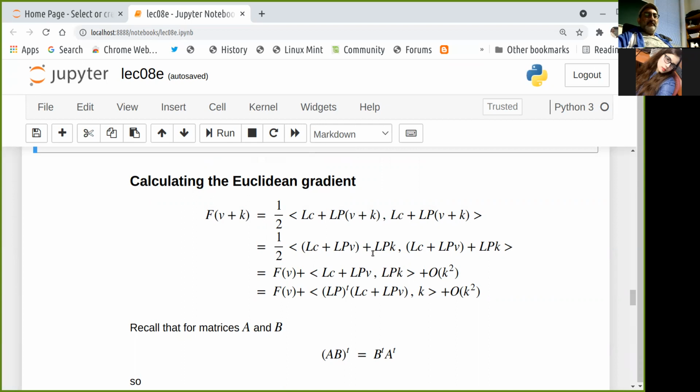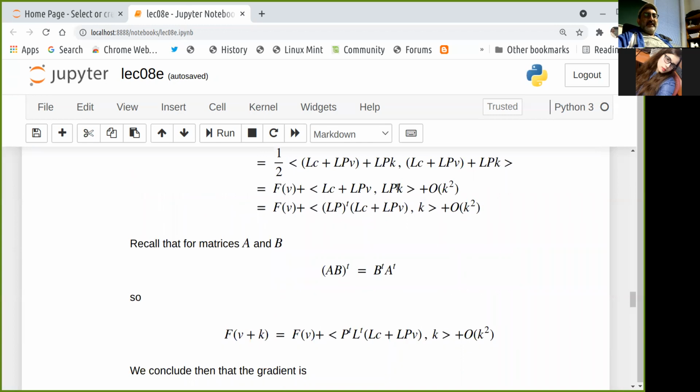And remember, when you move a matrix over to the other side, now you want the adjoint. And in terms of matrices, the adjoints are transposes. So when I move the LP, which is next to the k, over to the left-hand side, you have LP transpose times Lc plus LPv, and now k is by itself.